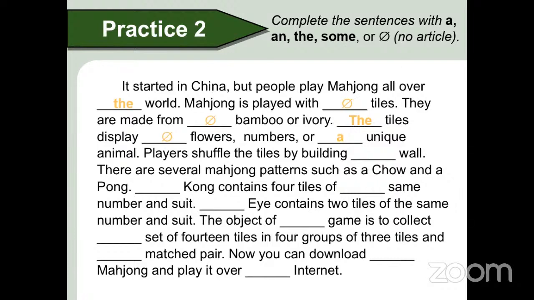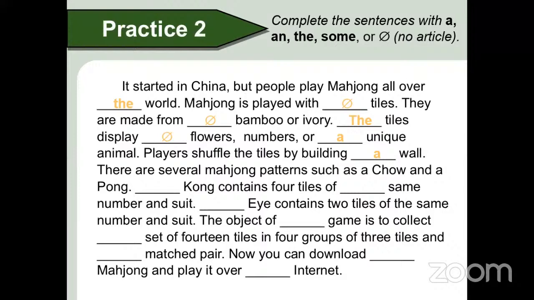A unique animal. Players should shuffle the tiles by building a wall. Yes, a wall, a unique animal. Okay. And the next one.